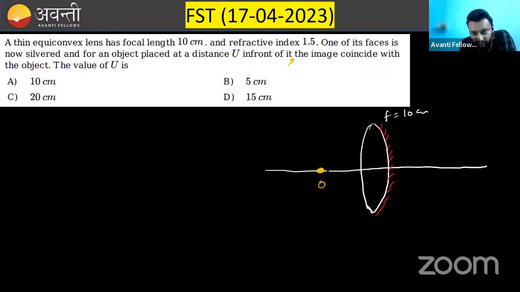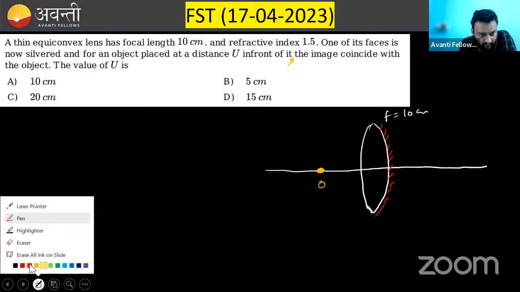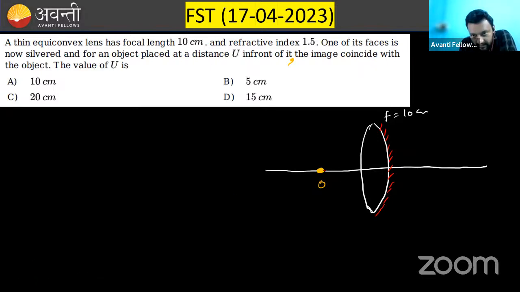Let's suppose the first ray is this one, starting and going this way. The ray is first passing through a refracting surface, then the reflection takes place and it returns back. Why is it returning back? Because it is going perpendicular to the surface. Whenever it is perpendicular, it will return back.